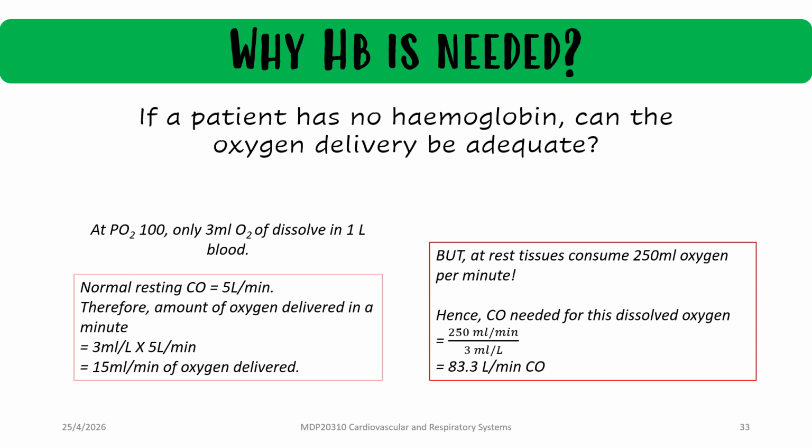So hemoglobin is extremely essential for our body's survival, especially in delivering oxygen. Let's say we do not have any hemoglobin, then we would need a cardiac output of 83.3 liters per minute in order to deliver sufficient oxygen to the body tissues.